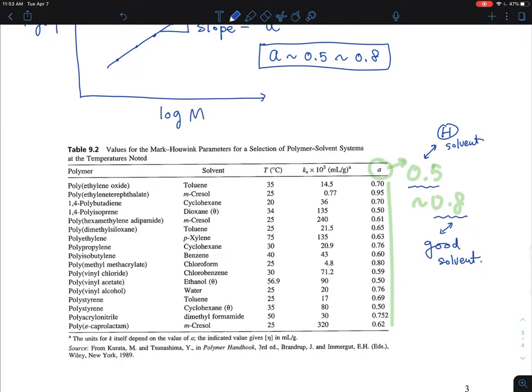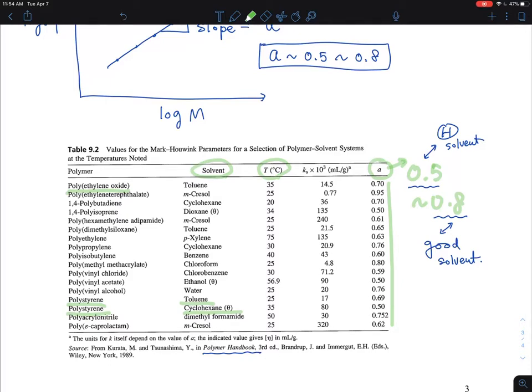And this is tabulated in the polymer handbook, and a lot of polymers are listed there. You must list what kind of solvent and what temperature for a given polymer. So for polystyrene, for example, there's an example of toluene versus cyclohexane.